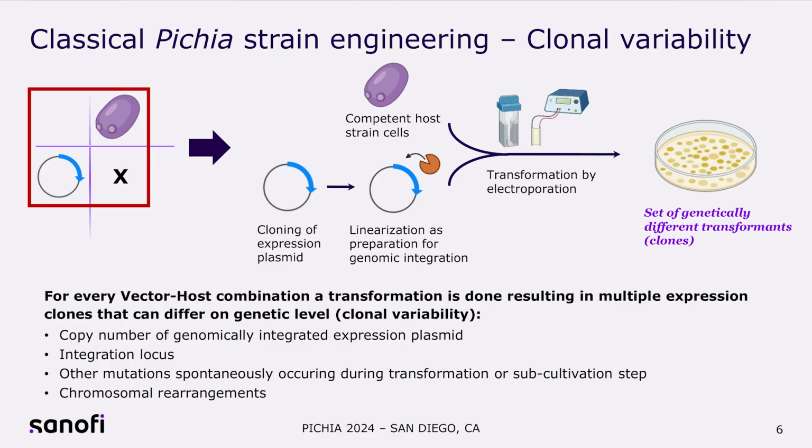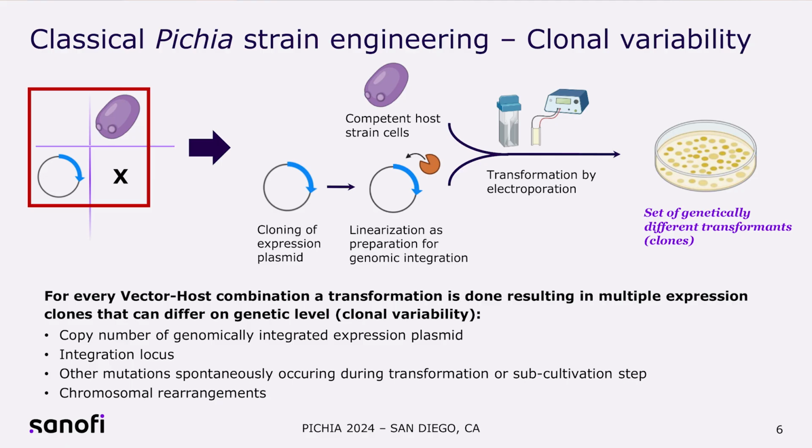So you end up with a set of genetically different transformants, and that makes the screening labor intensive if you want to screen a lot of different transformants, because you have a high degree of clonal variability between the genetically different clones.